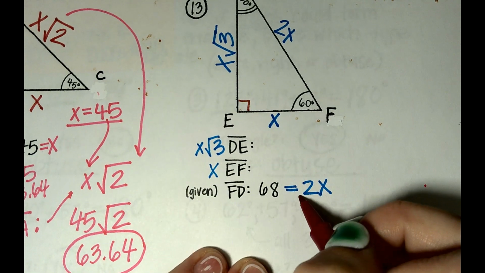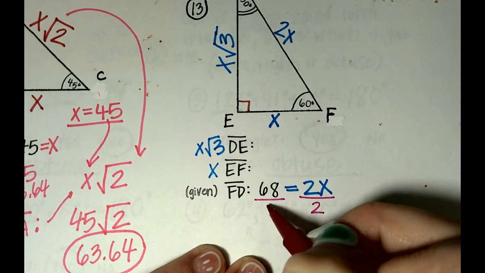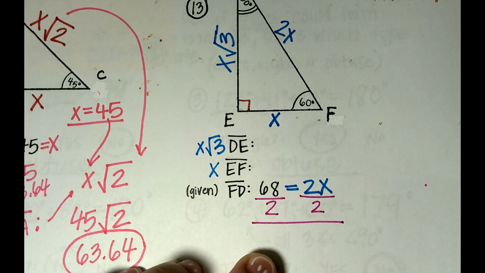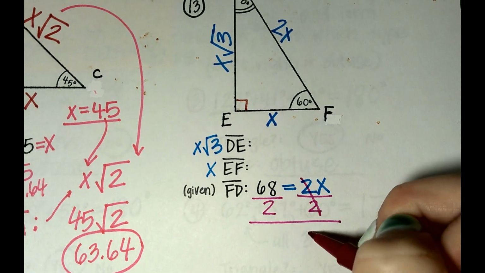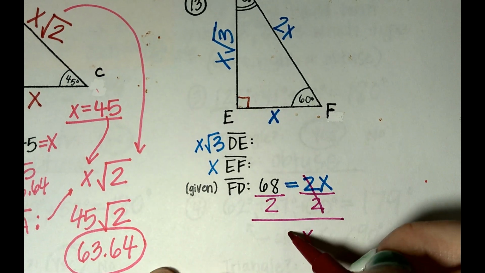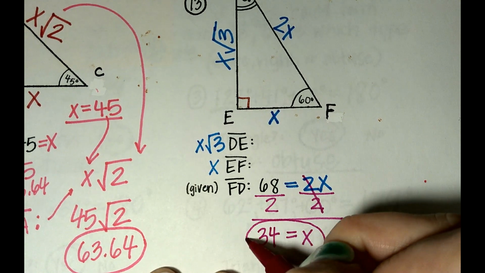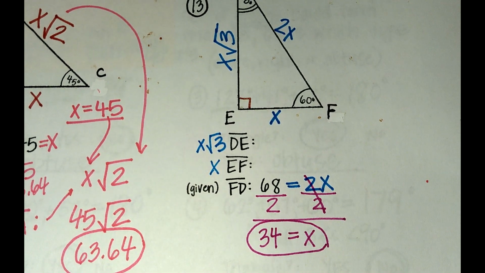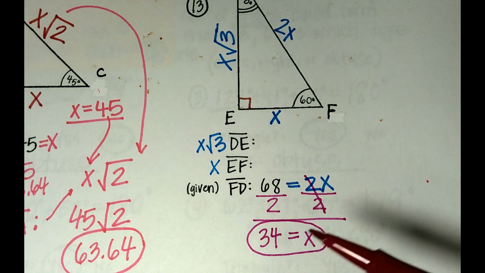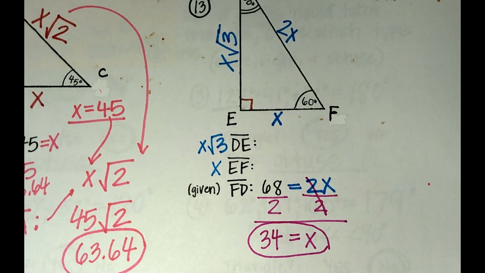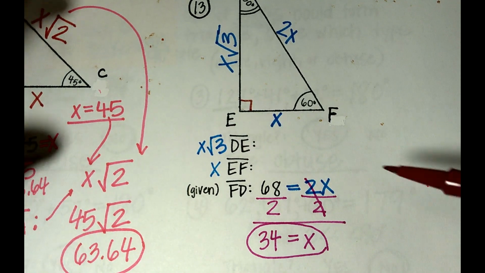Okay, so divide by 2. And that gives us x equals 34. So now that I know x is 34, what else do I know? That x is 34, radical 3. We could use that x for DE. We could write 34 radical 3.